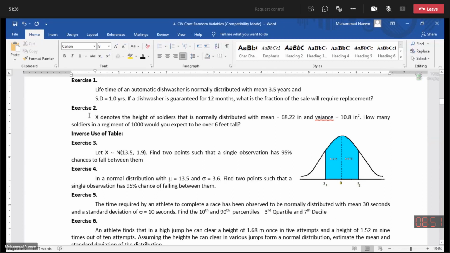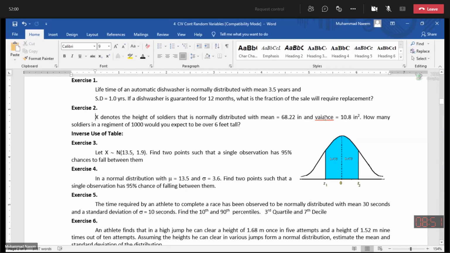Let me read this statement. X denotes the height of soldiers. Mean is 68.22, variance is 10.8. How many soldiers in a regiment of 1000 would you expect to be over 6 feet? Again, first of all, change the units.